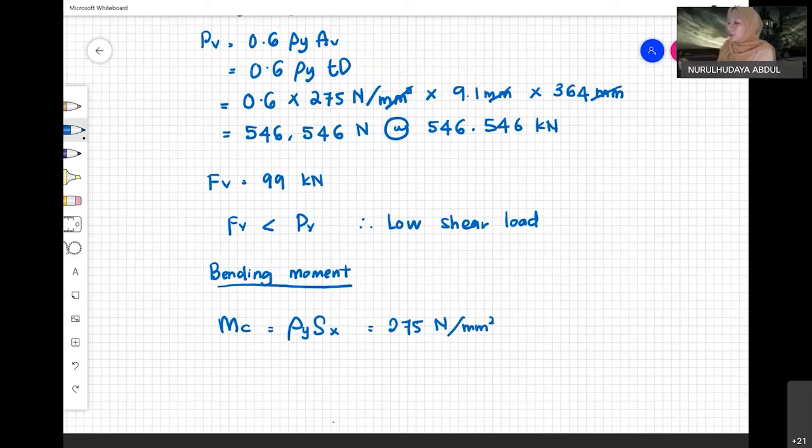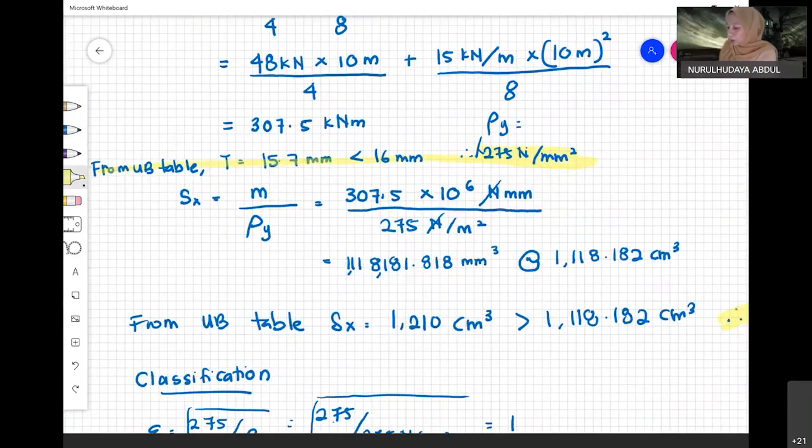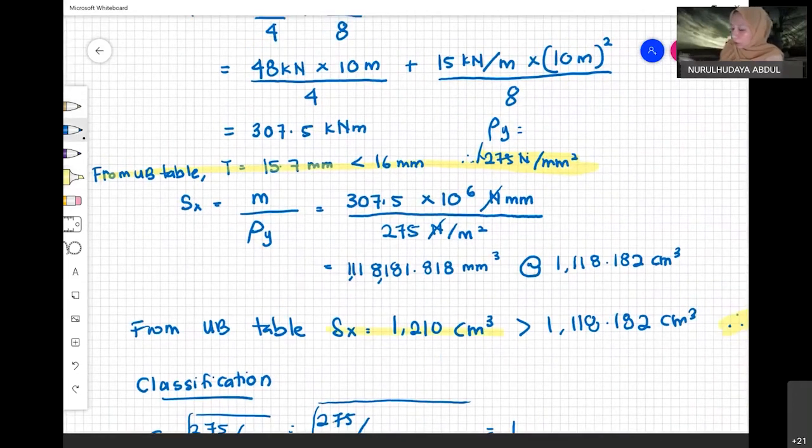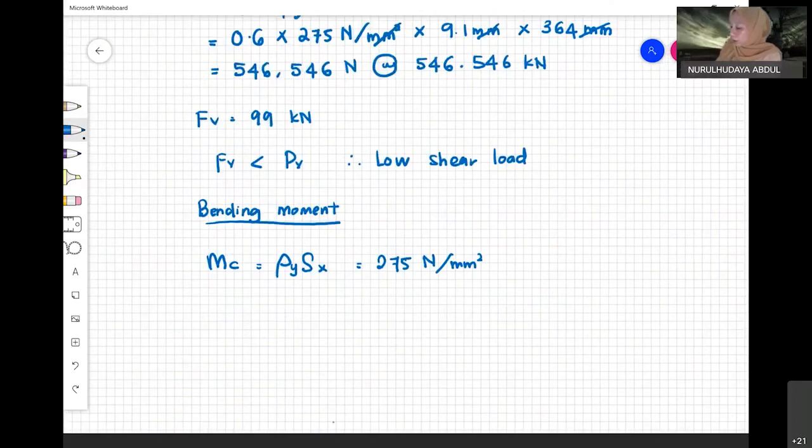For the plastic modulus, you have a choice to refer to the table again, or you can just look here, where you wrote what you referred to in the table earlier: 1210 cm cube. You have to convert to millimeter cube, which means multiply by 1000.